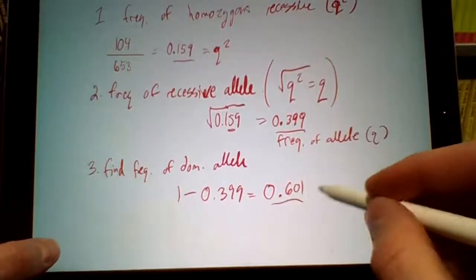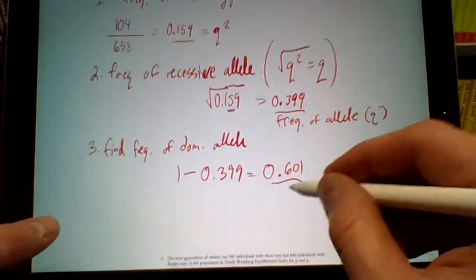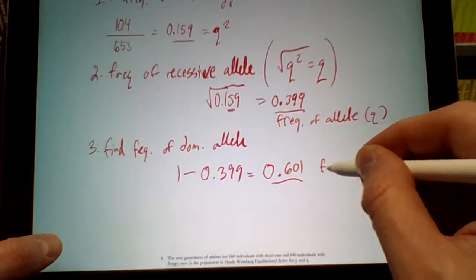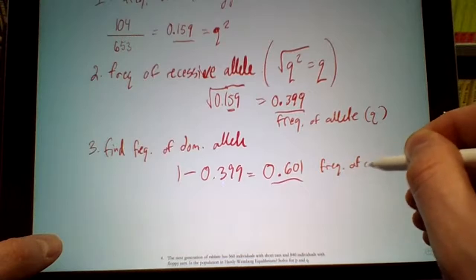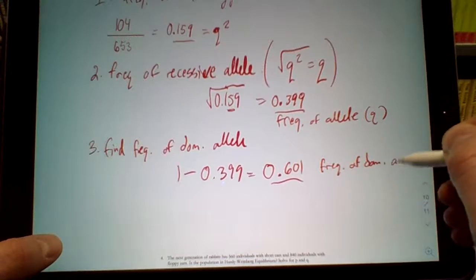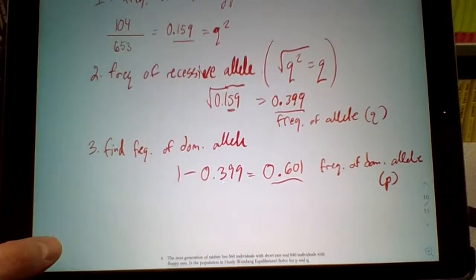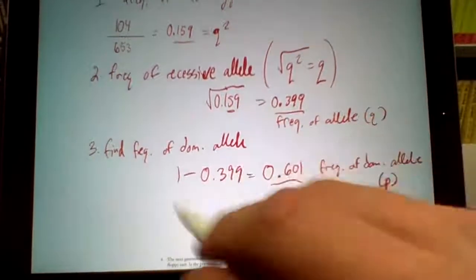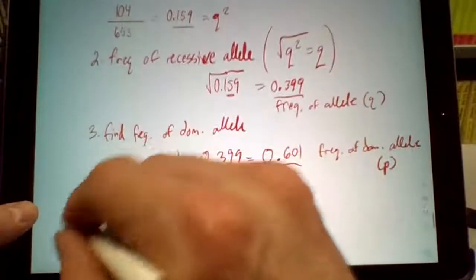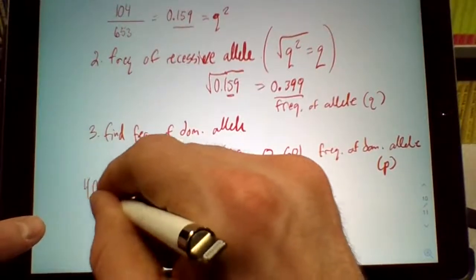So that's my frequency of the dominant allele. Now that we have it, we can figure out all the other ones. Find the rest.